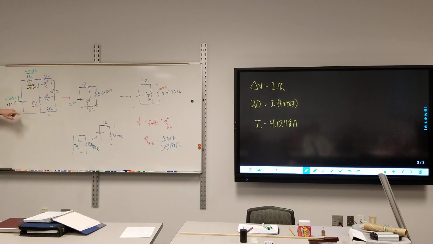If I gain 20, lose 4 point something, and then lose another 20, I end up at a negative potential. 15.8752 volts. So I gain 20, lose 4.1248, lose 15.8752, and I'm back at 0 again, which is what I want.